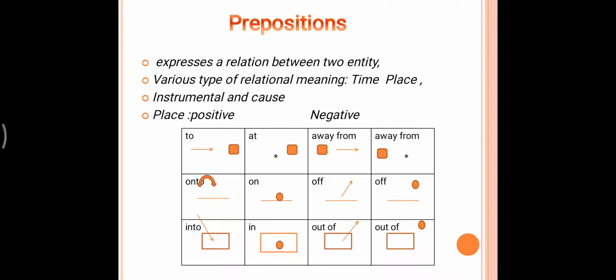There are various types of relational meanings expressed by the prepositions. So, we have the prepositions of place and prepositions of time. The most prominent and easy to identify are these two types. So, the meaning of relations is expressed by the prepositions. Prepositions are relational meaning words.